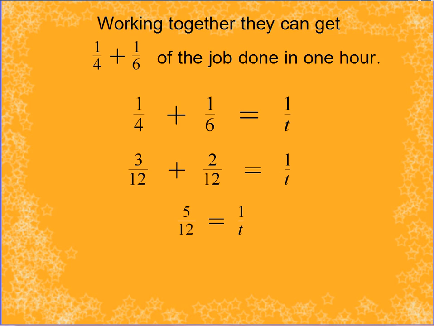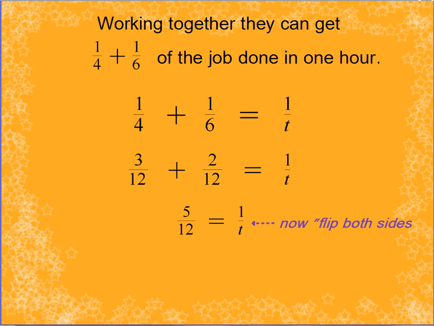There's a few different ways to solve this type of equation. Cross products is a very common way to solve a proportion like this. But since we're looking for ways to simplify the process, if you need to solve for t and you have 1/t, it's fair to flip both sides of your equation over.